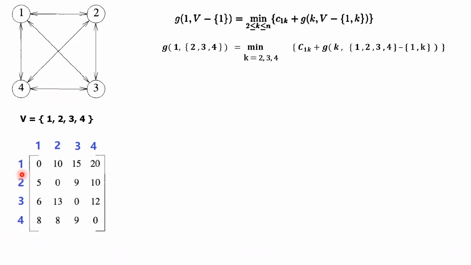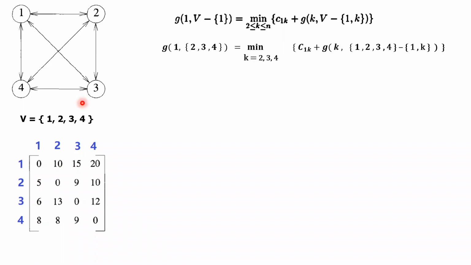So the distance between city number 1 and city number 1 is 0. That is, the distance between a city to itself will always be 0. Then the distance between city number 1 and city number 2 is 10. The distance between city 1 and 3 is 15, and so on. This will be the adjacency matrix, or we can call it a distance matrix that represents the distances between the cities.